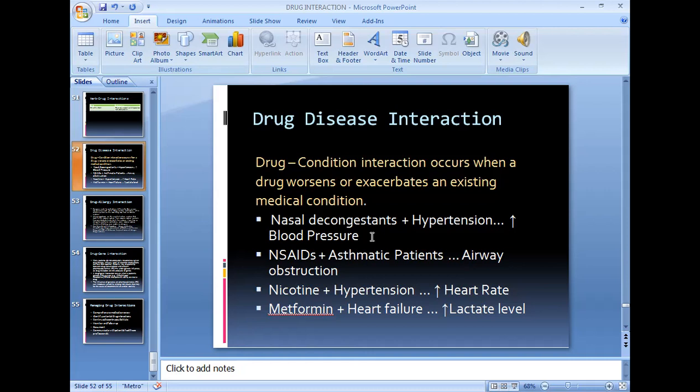And if the patient has heart failure, this lactic acid is not easily excreted, so the chances of lactic acidosis are increased in heart failure. So it is contraindicated to use in heart failure because of lactic acidosis.